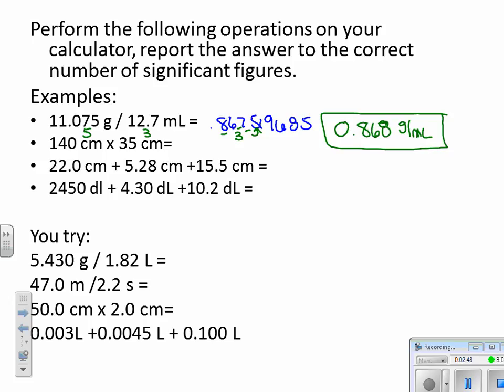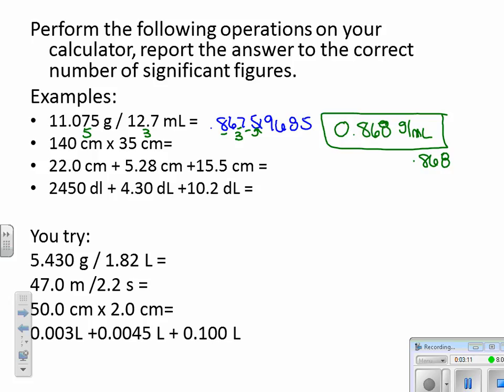Now, whenever you're doing mathematics and chemistry, you get 1 point, or with me anyway, you get 1 point for the answer, and you can also lose that 1 point. So, for example, if you reported 0.868 without the unit, you would lose half a point, and you would only earn half of the 1 point for your answer.